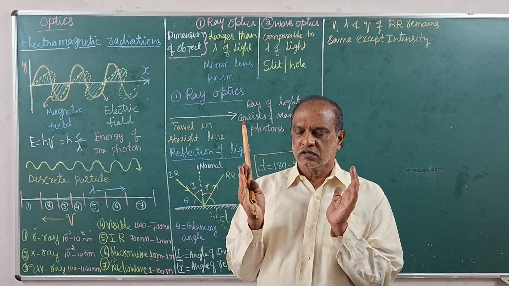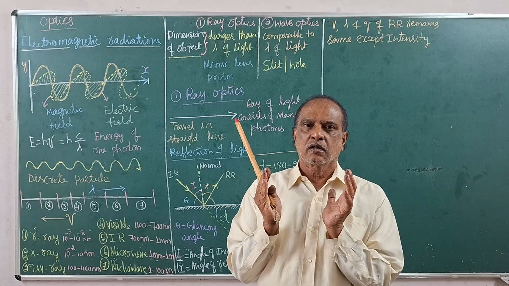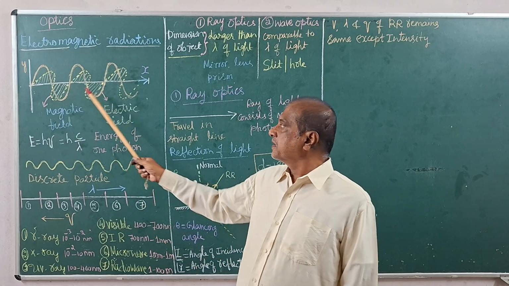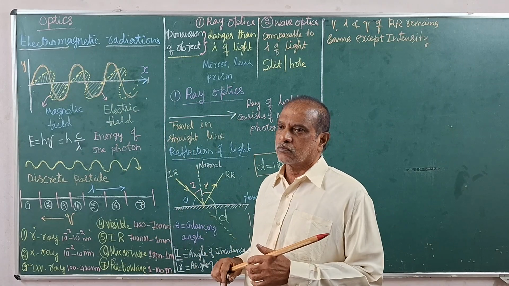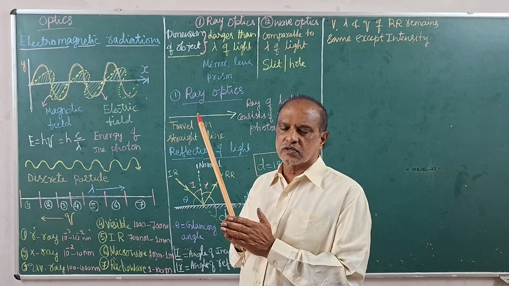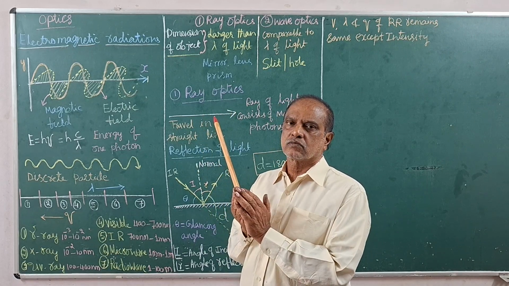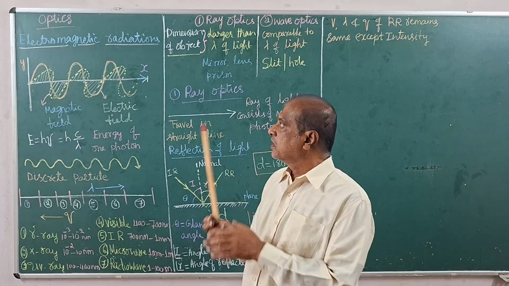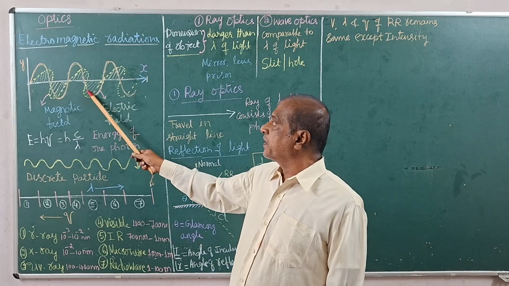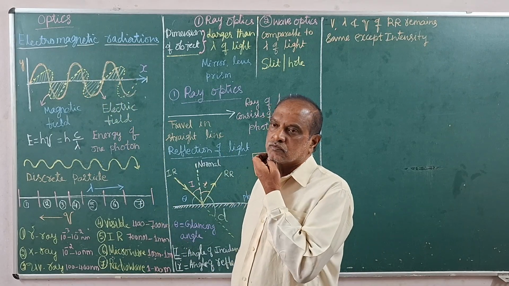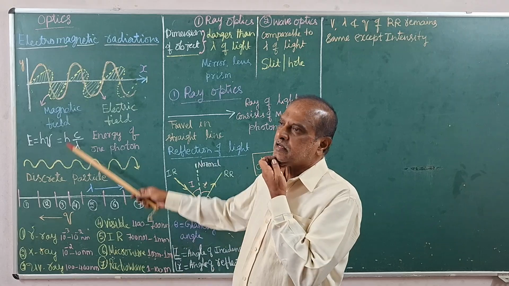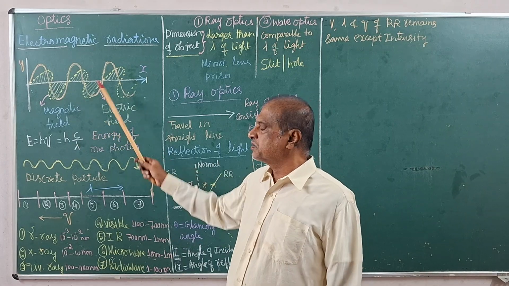They remain coupled while traveling in space, mutually inducing each other. So this is called electromagnetic radiation, and it travels in space at the speed of light.